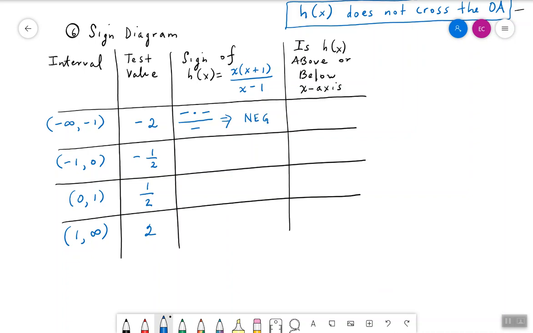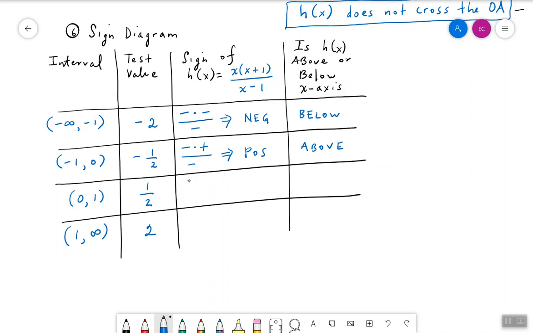Make a negative. And so we can say that h of x is below the x-axis on this interval. And then we can go on, we can use negative 1/2, and we can get factors that are negative, positive, and negative, which gives us a positive sign, and so we're above the x-axis.